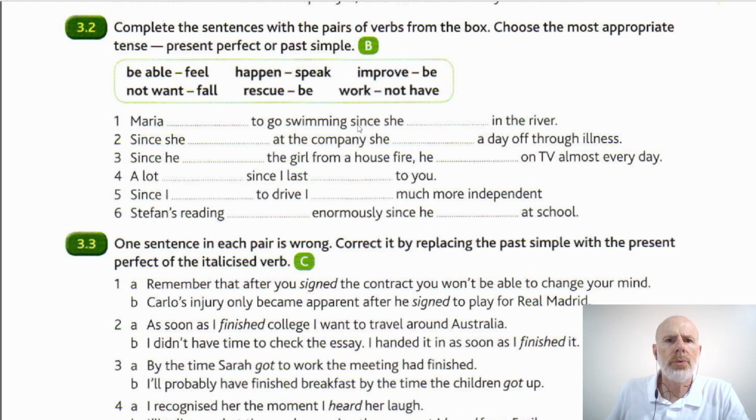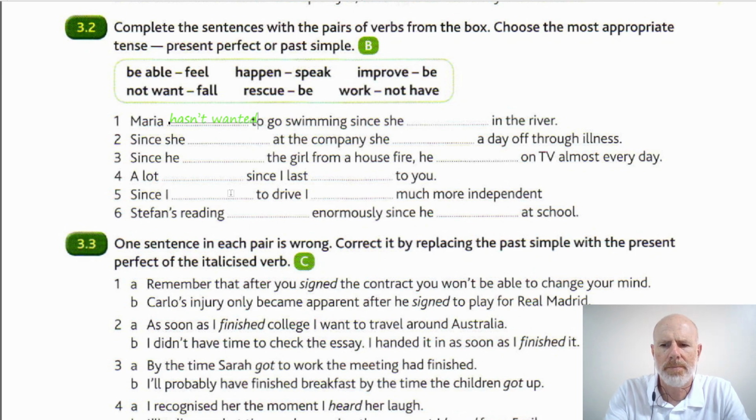Maria goes swimming since she in the river. Oh, she fell in the river, right? So do you think she would like to? No, not want. Maria hasn't wanted to go swimming.